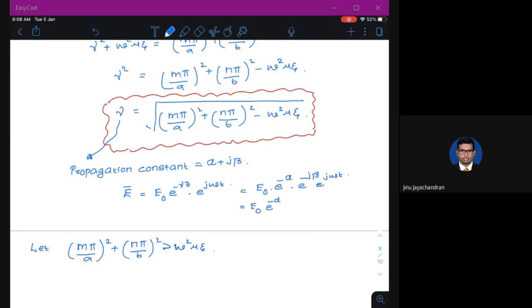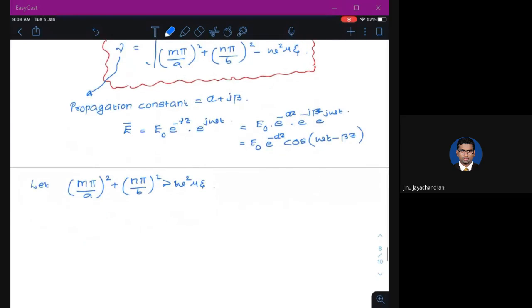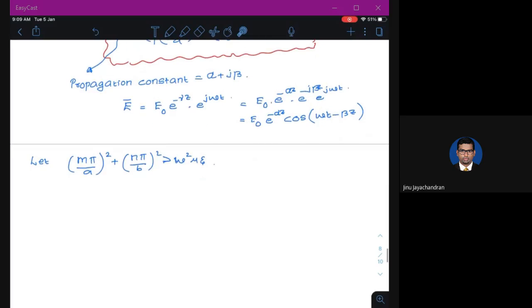This is equal to E0 e raised to minus alpha z cos of, if we take the real part, omega t minus beta z. Remember this one. Now you see that if beta is equal to 0, you will not have this cos term, which means it is some exponentially decreasing function. It is not a wave. Okay.